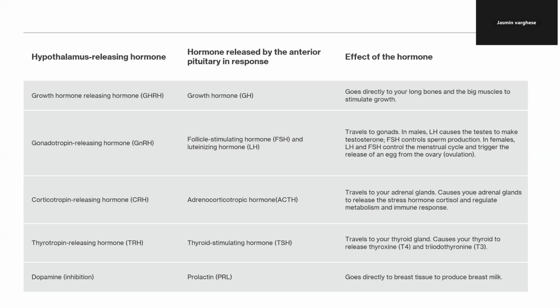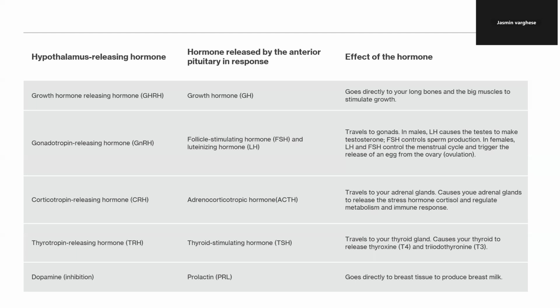Now we will see the effect of these hormones. GHRH and GH, or growth hormone, go directly to your long bones and the big muscles to stimulate growth. The gonadotropic hormones, follicle stimulating hormone and luteinizing hormone, travel to the gonads.